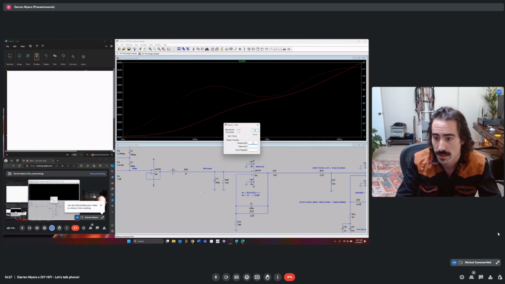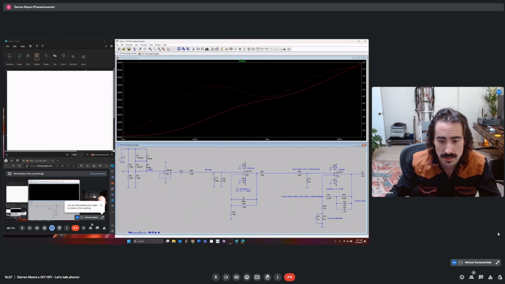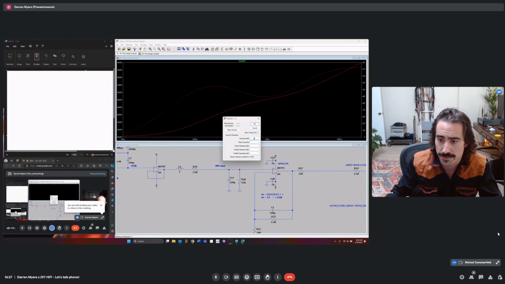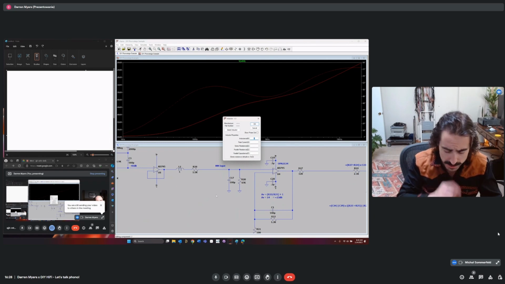So we can say this cartridge is going to be roughly 1.5 kilo ohms. So its DCR is, say, 1.5 kilo ohms, and its inductance is going to be, let's say, something like 650 millihenries.